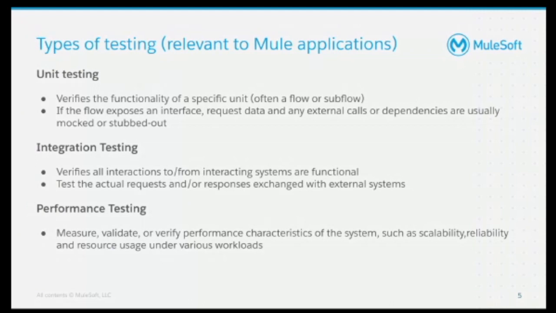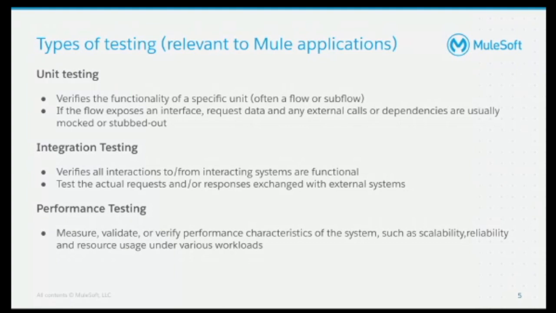When you look at the types of testing applicable to Mule applications, the first one is unit testing. It's considered a form of white box testing, where you must know the internal workings of the code to be able to generate the unit test cases. Unit test cases are usually written by developers because they understand the internal workings of the application, and it is primarily focused on testing the individual components within your code.